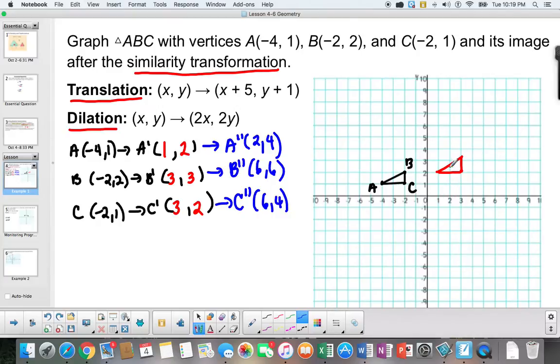So 2 up 4, and then 6, 6, and then 6, 4 right here. And so this blue one is the final image after going through 2 similarity transformations. We say that this triangle is similar to this triangle because it's undergone a sequence of similarity transformations.